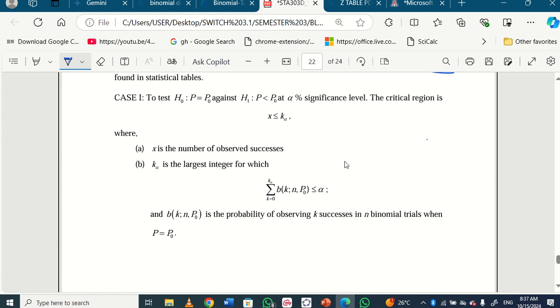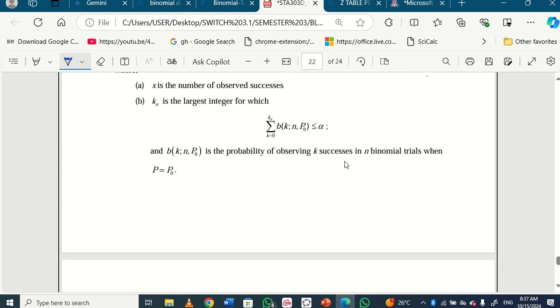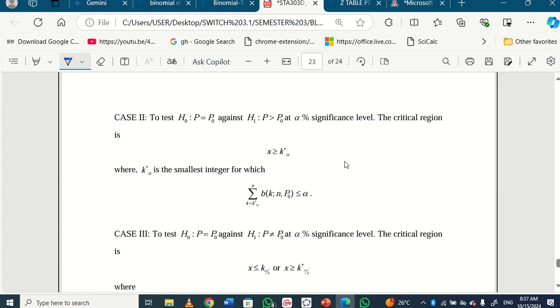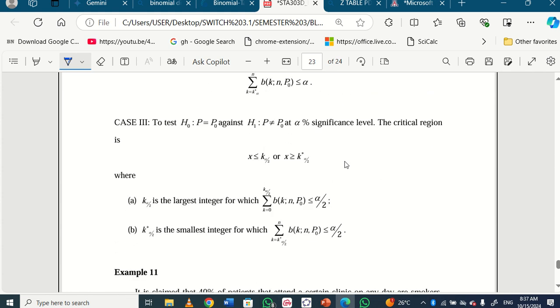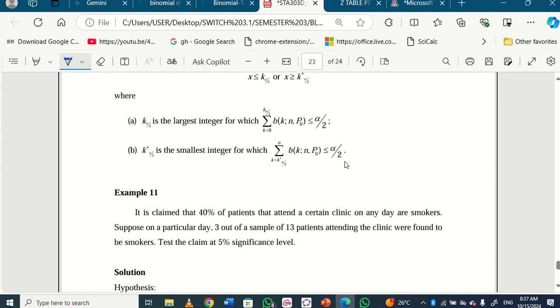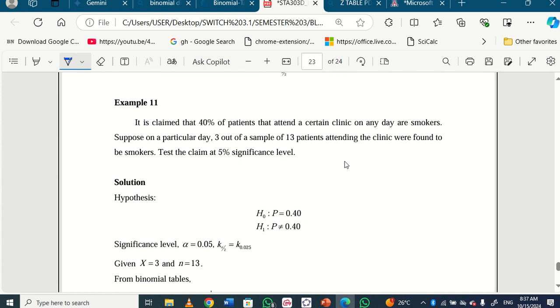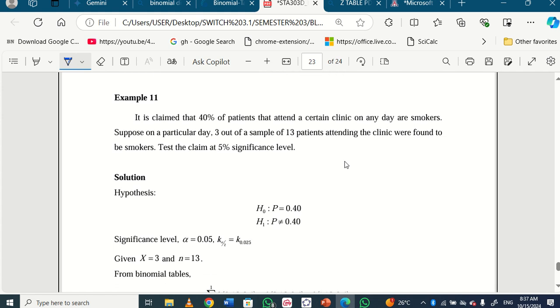So let me skip all these things and let's pick an example on that, which is example 11. It is claimed that 40% of patients that attend a certain clinic on any day are smokers.